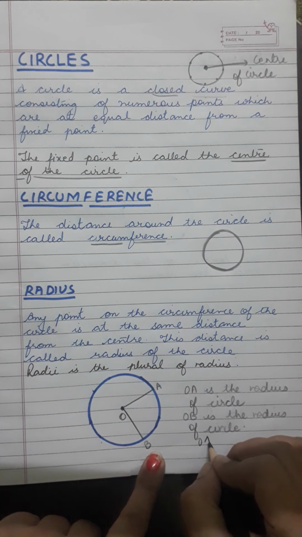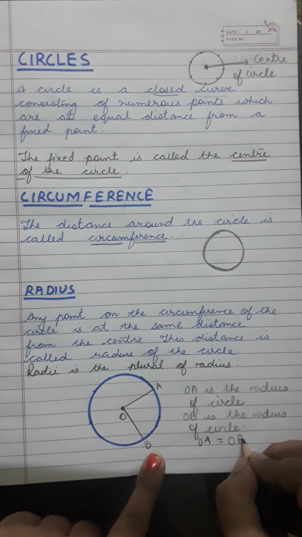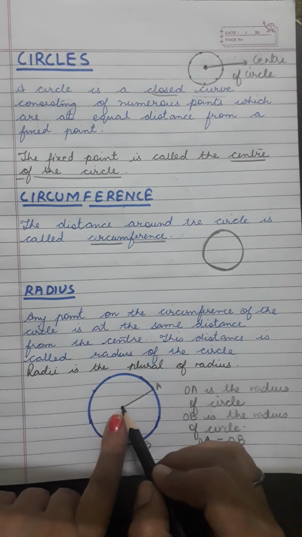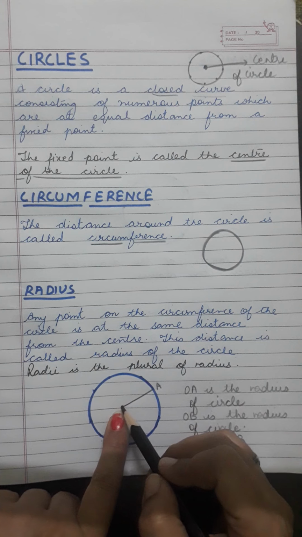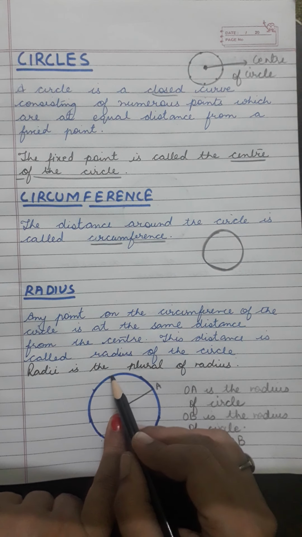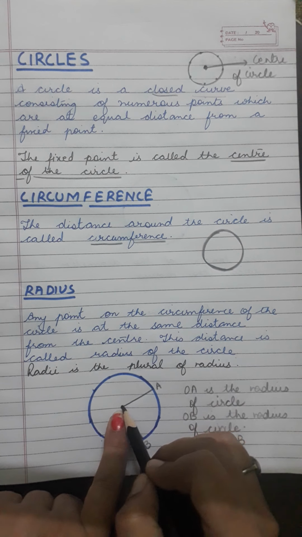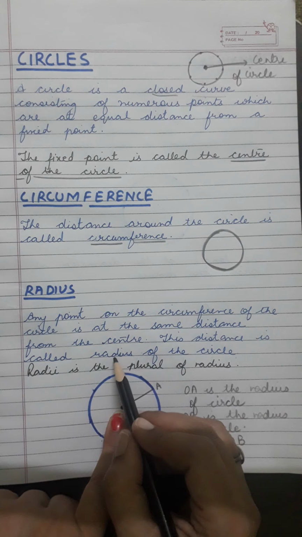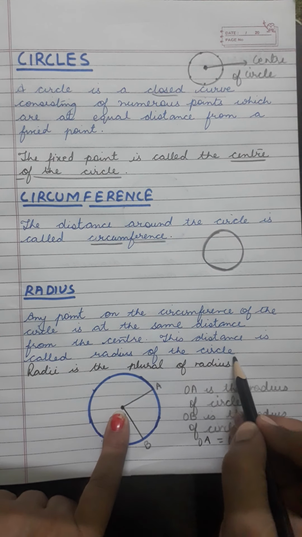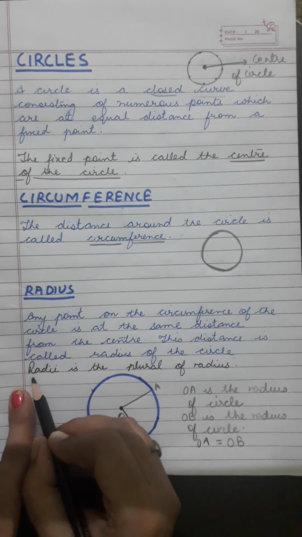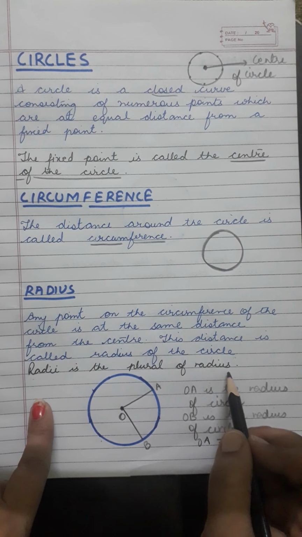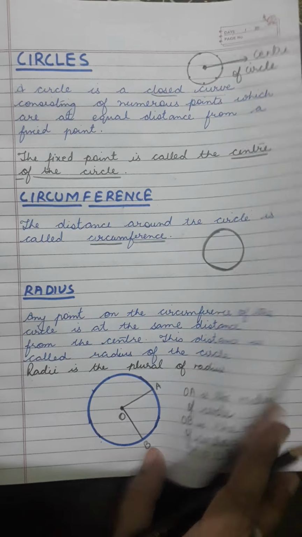So OA equals OB. What does it mean? From the center, if we take any line to the boundary of the circle, those lines are equal and are called the radius of the circle. And radii is the plural of radius.